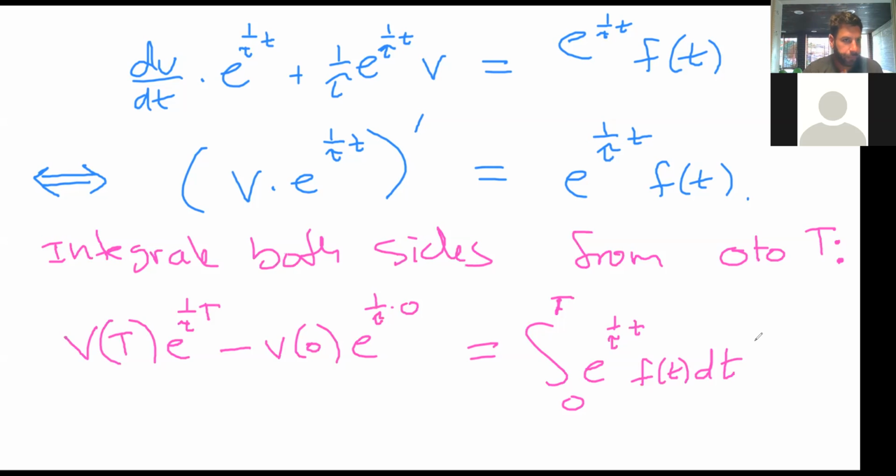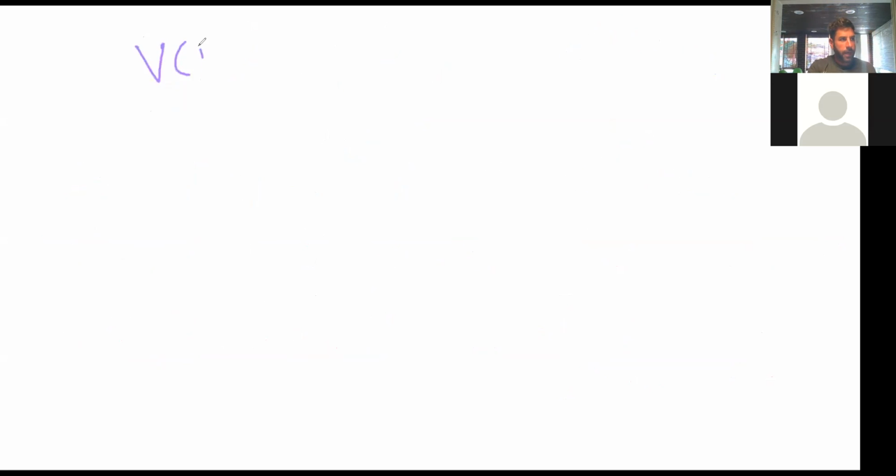So if I rearrange this equation, that is, if I take this to the other side, I get an expression for v. So let's do that. I have v of capital T times e to the 1 over tau times capital T equal to what?